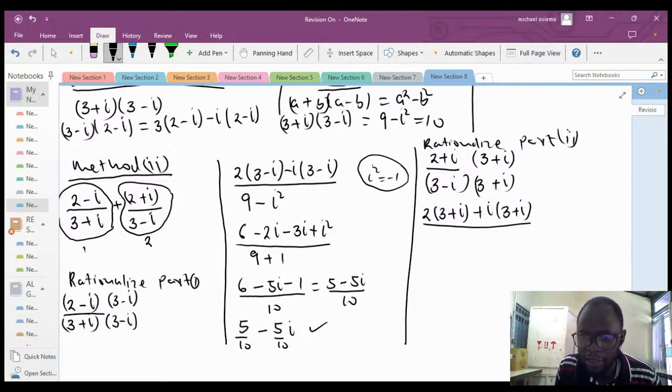The only difference is negative and positive, so the sign only. So we're going to have 9, then minus I squared.